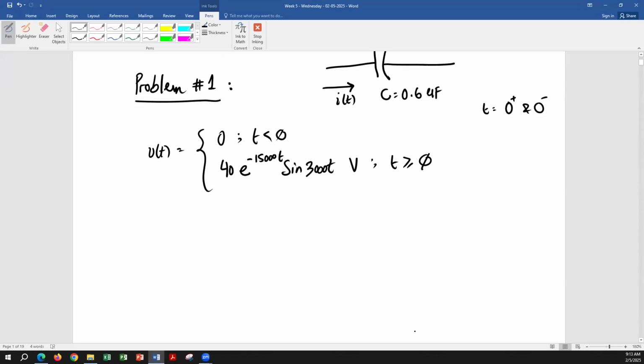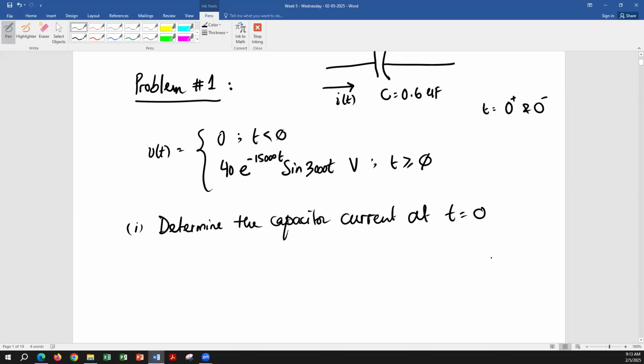Okay, so what we have to do in this one, the first part is we have to determine the capacitor current at t equal to 0.